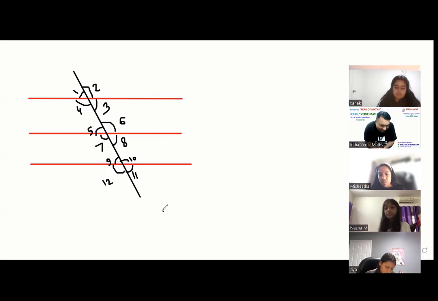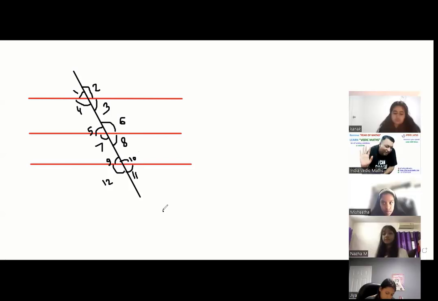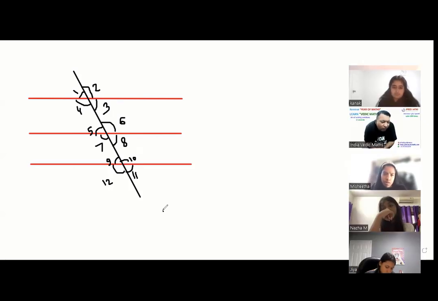Mishita, you only say true or false, okay? Nothing else. Angle 3 and angle 8 are corresponding angles. True or false? True. Correct. Kanak, angle 2 and 4 are vertically opposite. True. Correct.